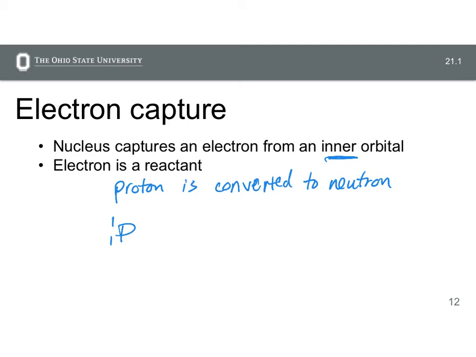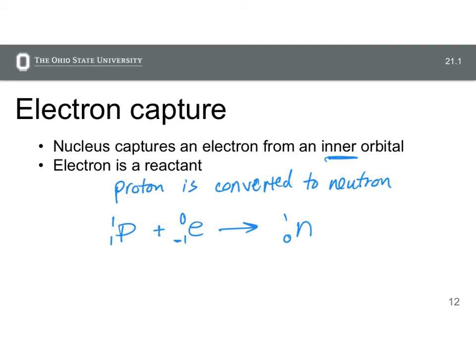In the conversion process, basically you have this inner orbital electron, with a -1 there, interacting with the proton to form the neutron. So if you look at those mass numbers and atomic numbers, you'll see that they are equal on both sides of the scale.